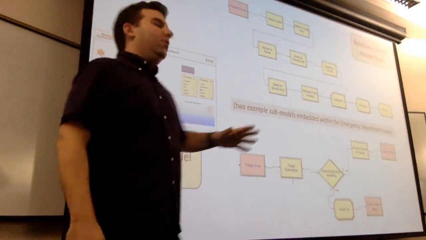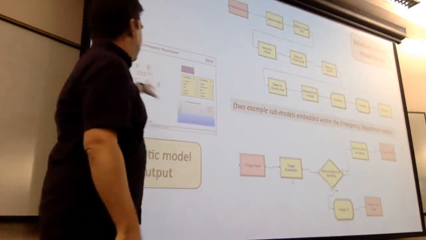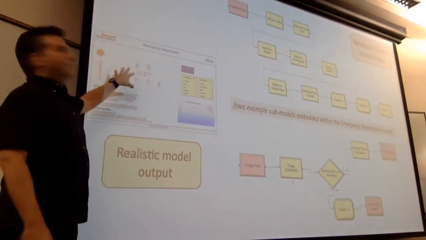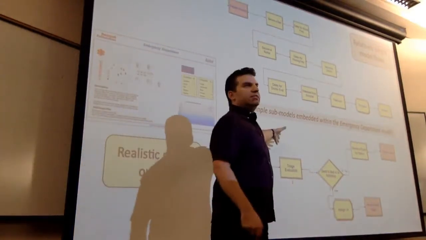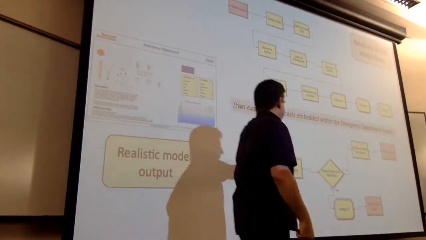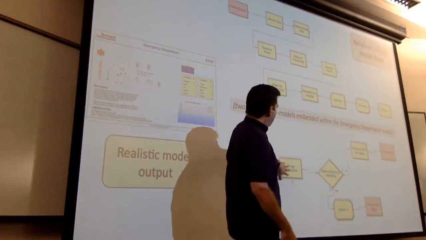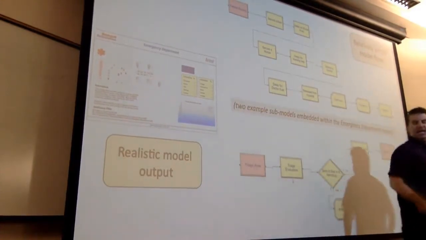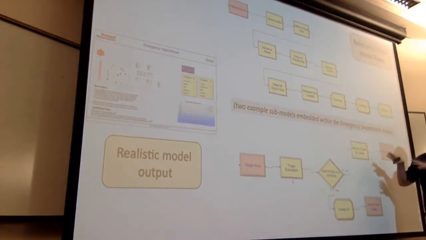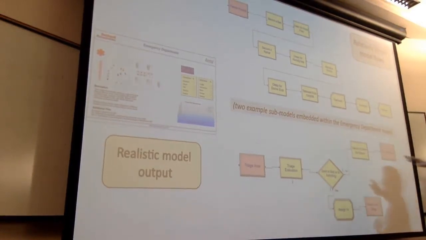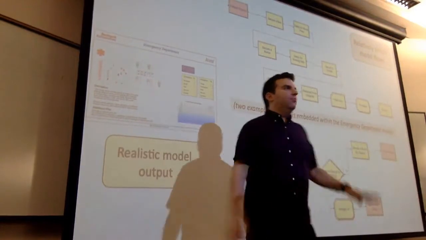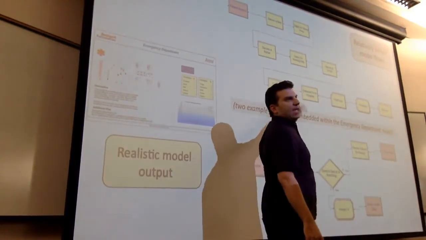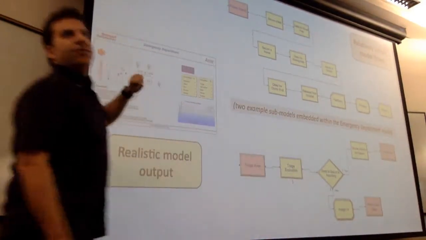So really all the work went into drawing these flowcharts, and then there's a little bit of work in making the graphical front end, but it just connects to this. So the real sim work is just done in parameterizing how long do they wait for the triage? How often do they get secured into a room, and so on and so forth. And once you have all of that, then it's easy to visualize here. So most of the effort goes into this stuff, and then this just sort of comes out for free.